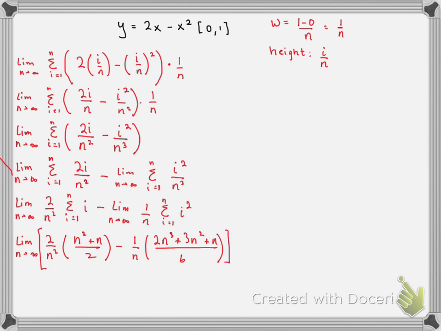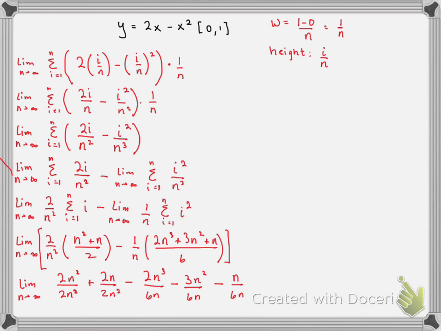Okay, now we'll do our distribution and get 2n squared over 2n squared plus 2n over 2n squared minus 2n cubed over 6n cubed minus 3n squared over 6n cubed minus n over 6n cubed.